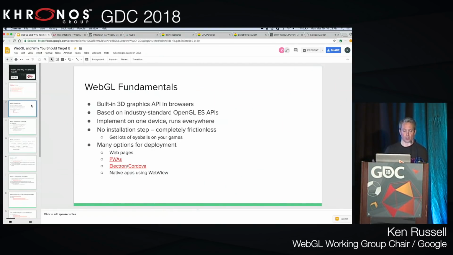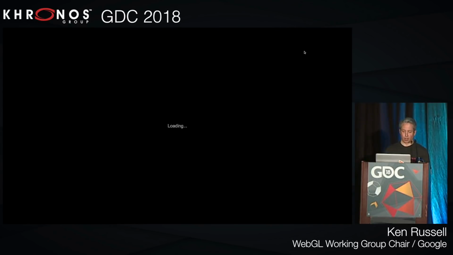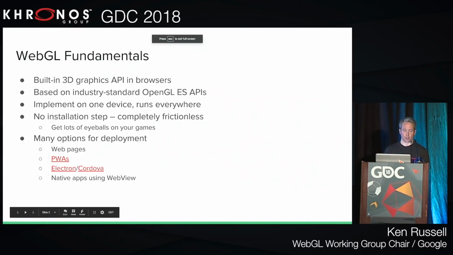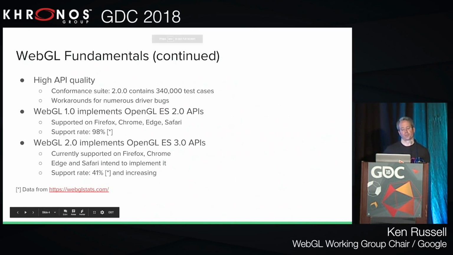The browser takes care of the install for you. You can also use wrapper packages such as Electron and Cordova if you really, really feel that you need a native desktop application, but you don't want to write one for every platform. You can also write native applications for iOS and Android using WebView and navigate to your website that way. So you've got a lot of deployment options for your content.